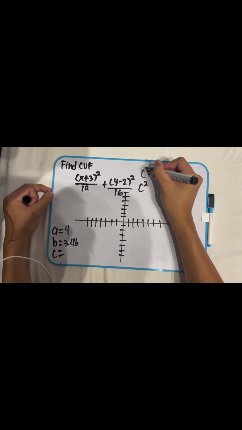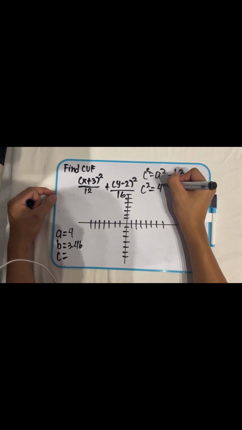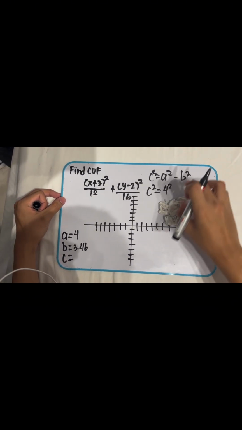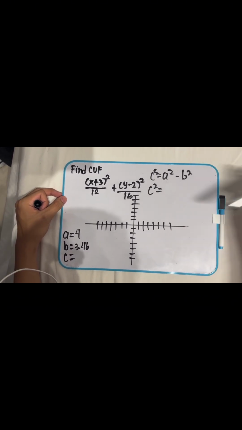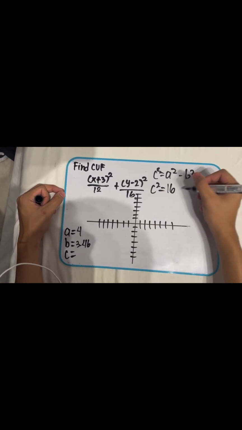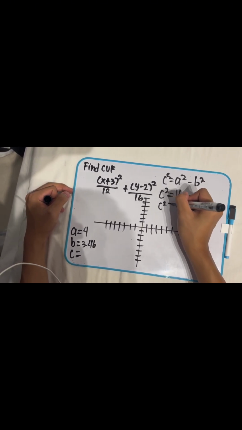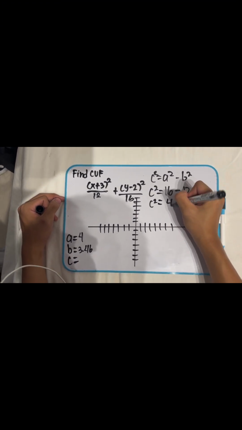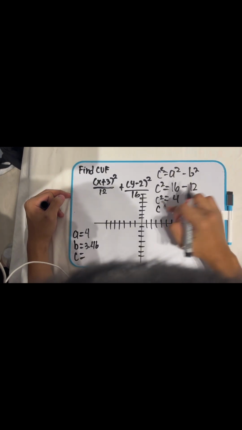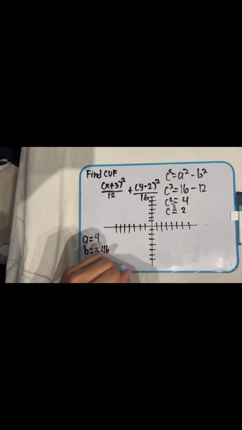So c squared is the value of 4 squared, which is 16, minus the value of our b squared, which is 12. 16 minus 12 equals 4. c squared is 4, so the square root of 4 is c equals 2. So that's the value of our c.